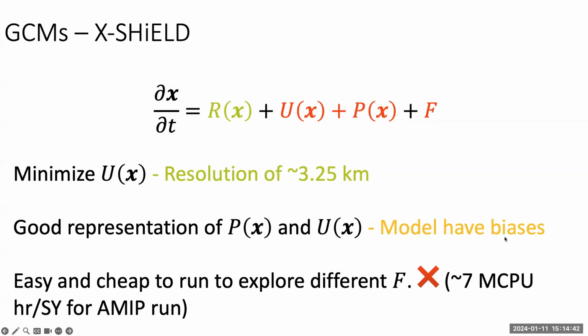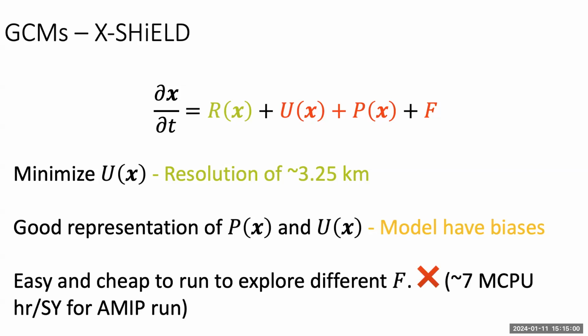But as I already showed you, even though we have better resolution, the models still have some biases, although we have some improvements. But the most difficult thing with this type of model is that it is not easy and cheap to run.